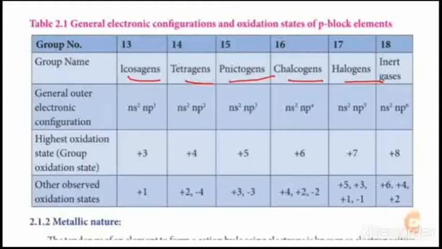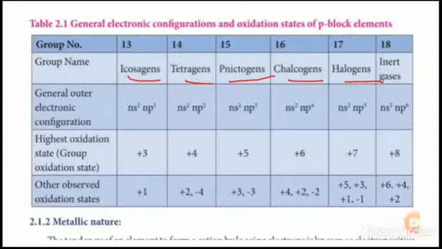Here you can notice that in group number 13 positive oxidation state is generally observed. This is because most of the elements are having metallic nature in this group. Okay. So what is metal? Metals having the electropositive nature, that is they can readily lose their electron and form a cation.